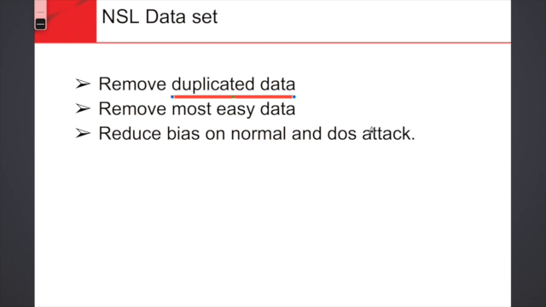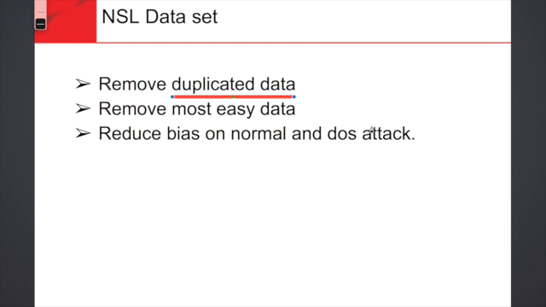What we use is the NSL dataset. In this dataset, not only are the duplicated data removed, but also any record that can be correctly classified, where all of the 21 predictions are right, is labeled as easy and removed from the NSL dataset.